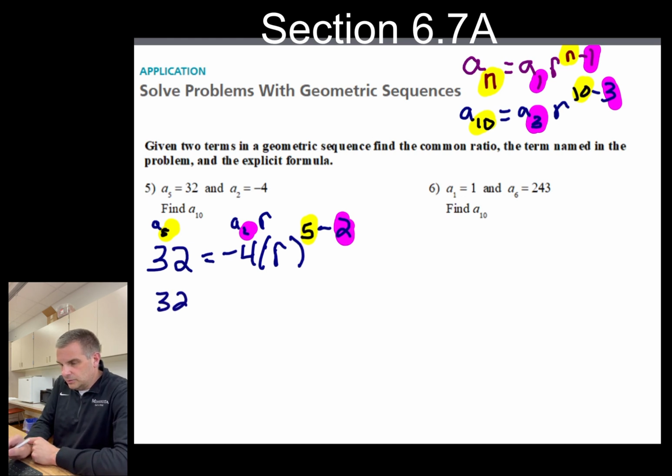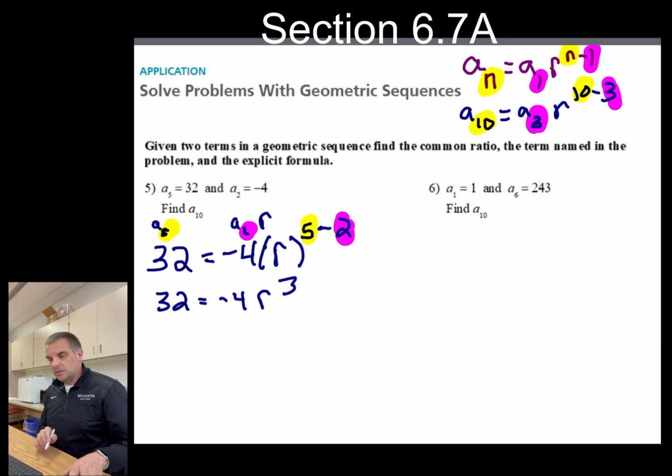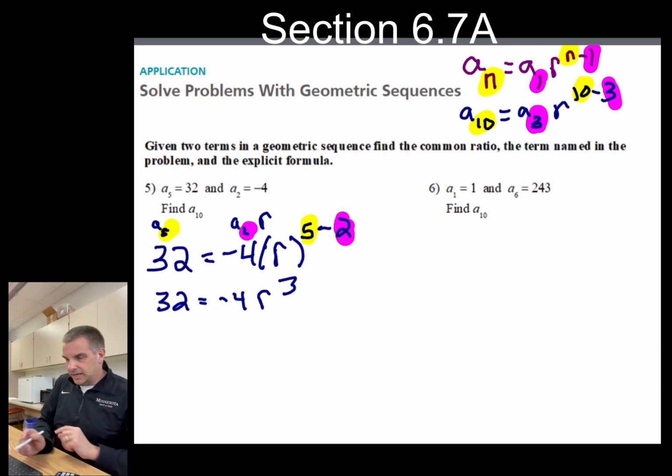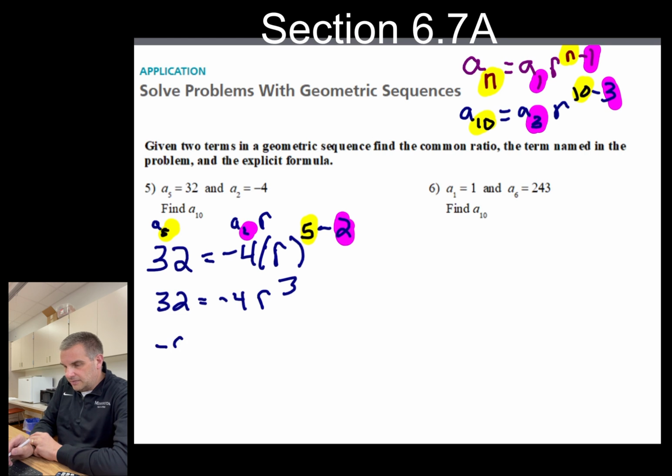So 32 is going to be -4 times r to the 5 minus 2, which is 3. Divide by -4. So -8 is equal to r cubed. Take the cube root of -8.